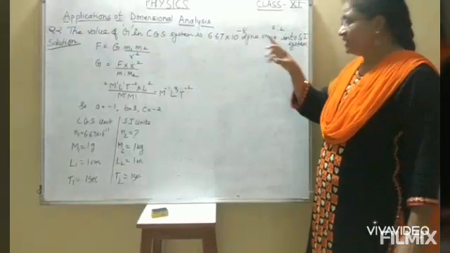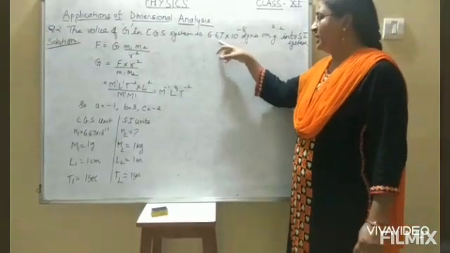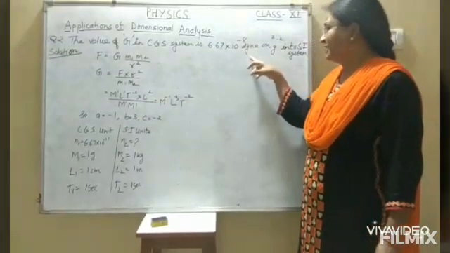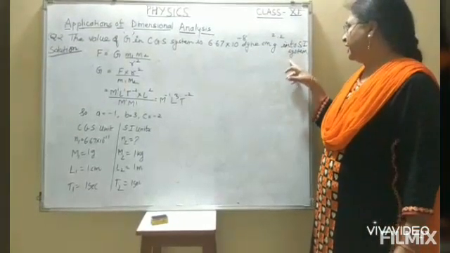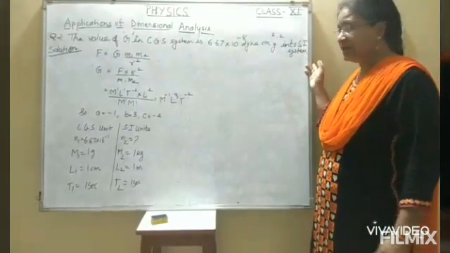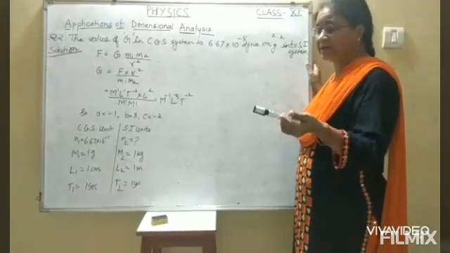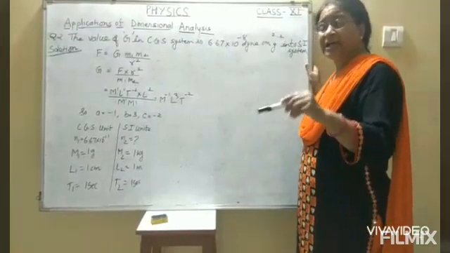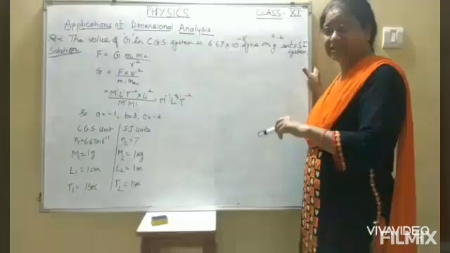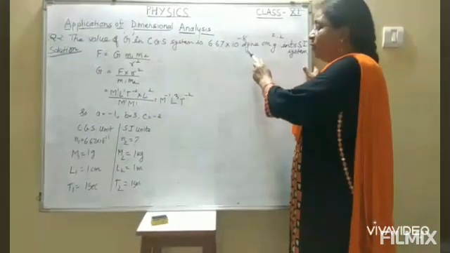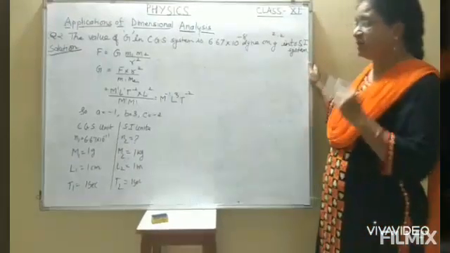So here in this question the value of capital G is given in the CGS system and we have to convert it into the SI system. And student, in the first question what did we convert? We converted the SI system into the CGS system. So this is the opposite case of question number 1.